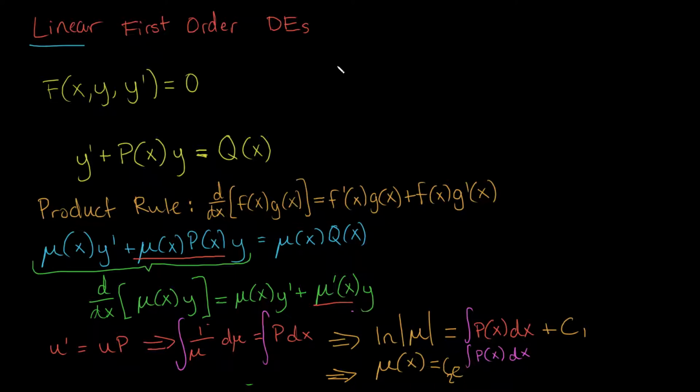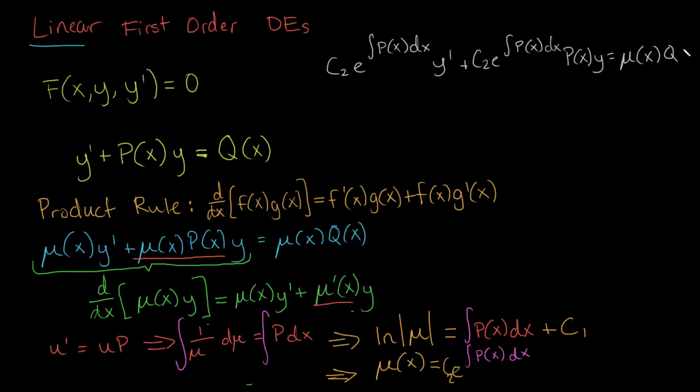We're going to get that c2 times e to the integral of p of x dx times y prime plus c2 e to the integral of p of x dx times the actual function p of x y equals mu of x times q. I'm just going to leave this as mu of x times q because I don't think we have enough room to finish it if I expanded it out.